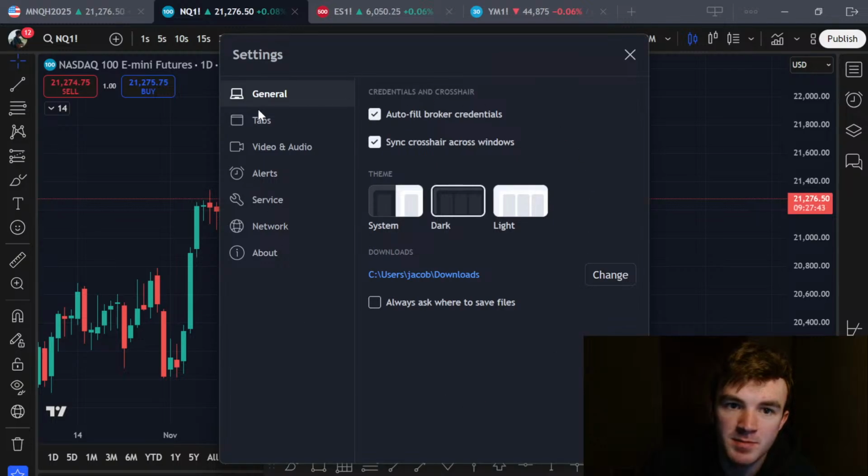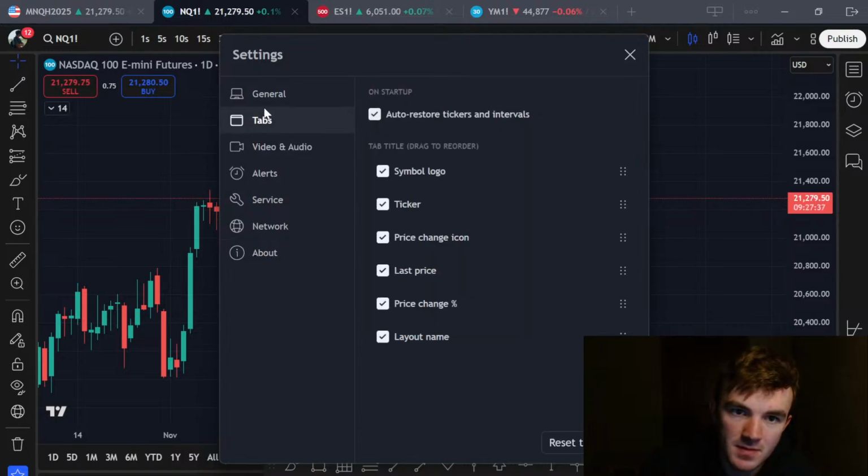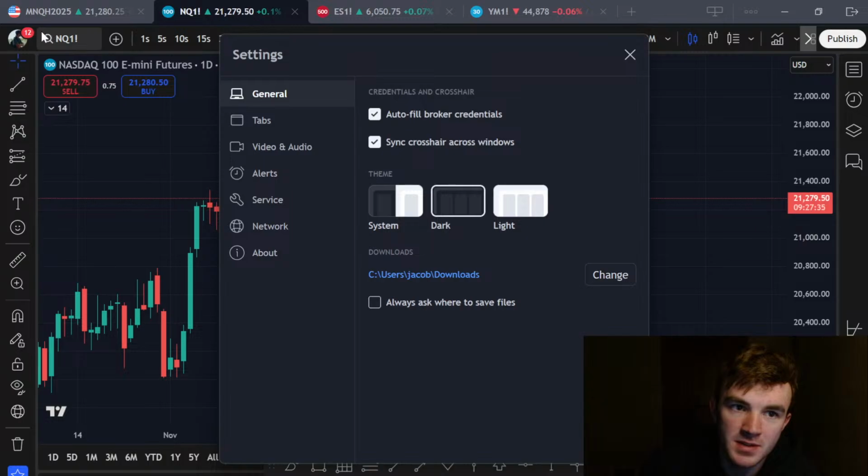It used to be this blue, and then it switched it to this gray.